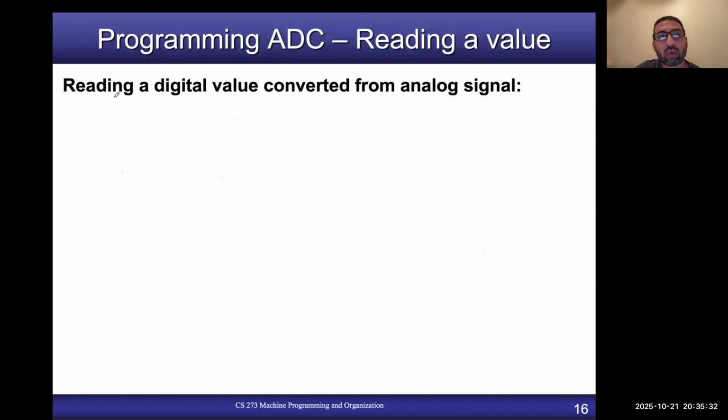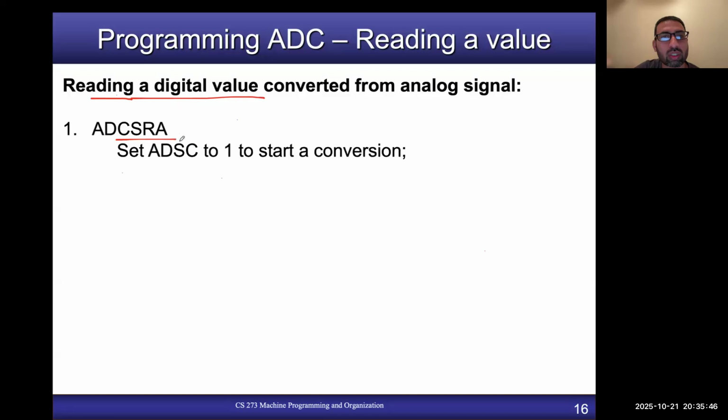After initialization, you need to read a digital value that will be converted from the analog signal. How can you read the digital value? In the ADCSRA register, you first need to set the ADSC bit to 1, which says, now start the conversion.